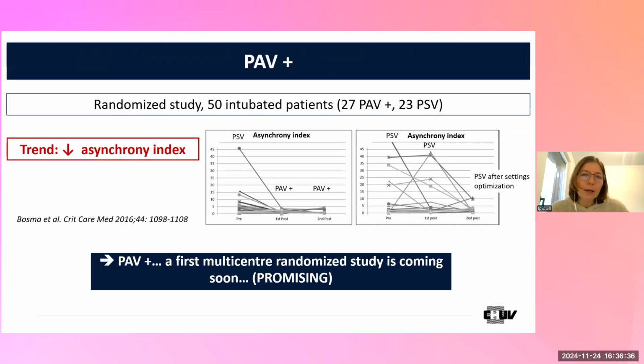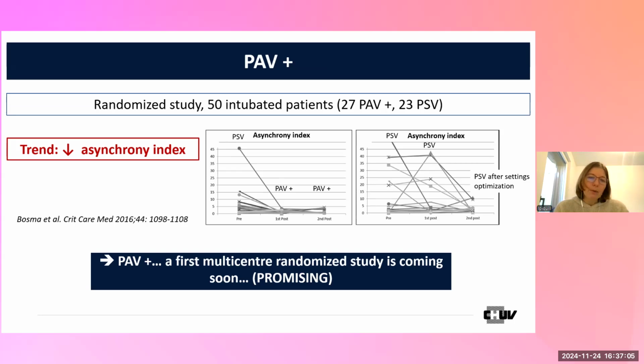Another study, a bit bigger, with 50 intubated patients, compared PAV, PAV plus and pressure support ventilation. And again, you have a clear trend toward less asynchrony with PAV plus compared to pressure support ventilation, and this even remains true after optimizing the pressure support ventilation first.